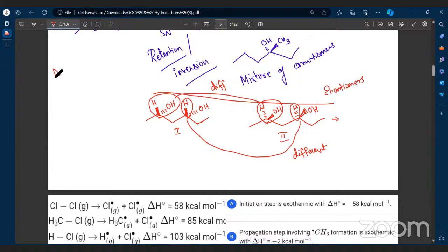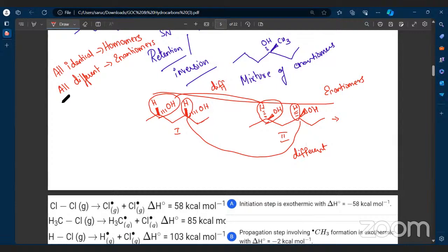So remember this. If all are identical, then they are said to be homomers. If all carbons are different, they are enantiomers.